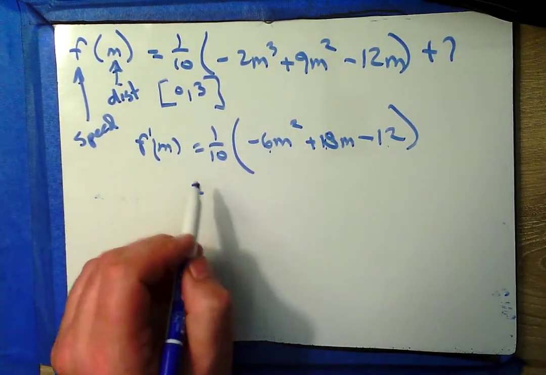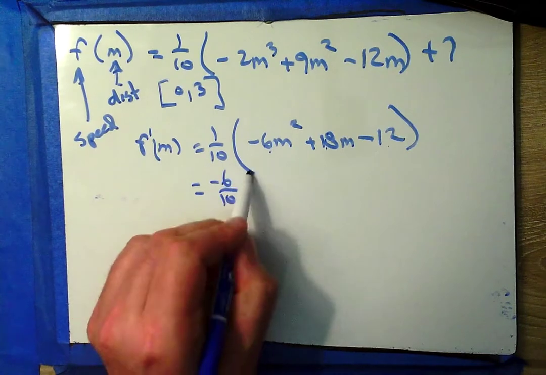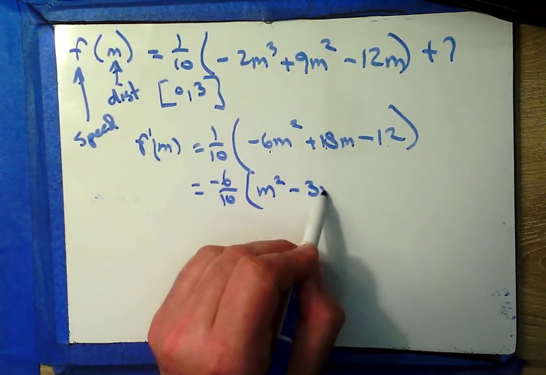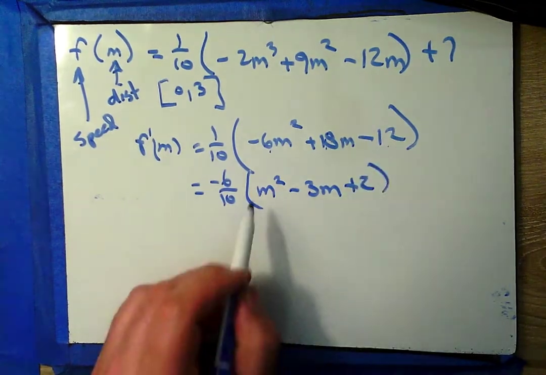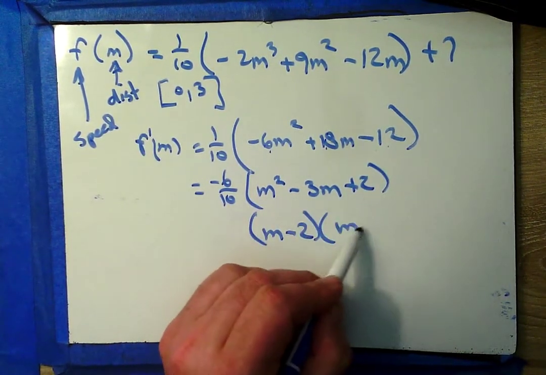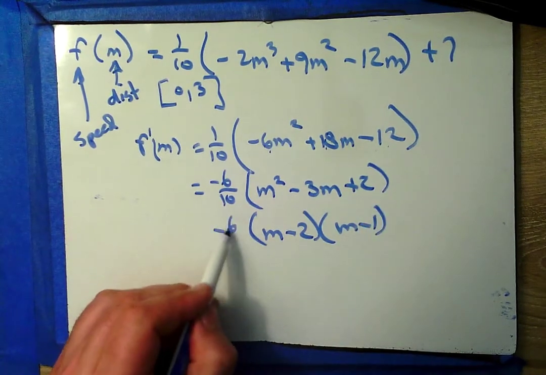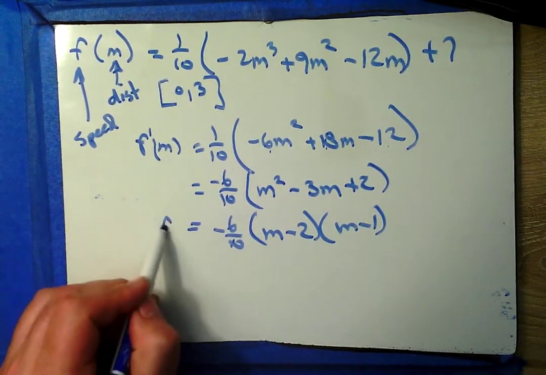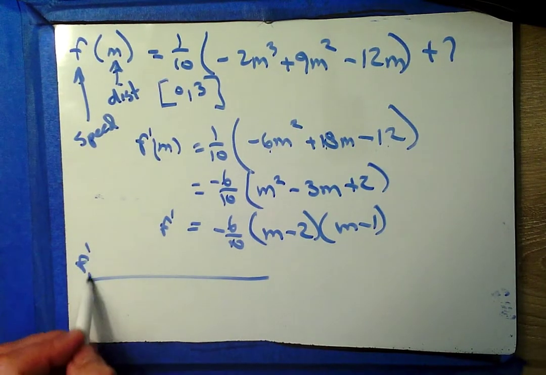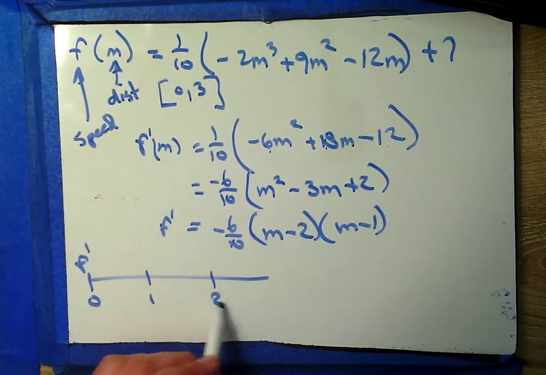In fact, I can take out a negative 6, negative 6/10, and we get m squared minus 3m plus 2. This factors as m minus 2, m minus 1 times negative 6/10. There's f prime. We can make an f prime sign chart and put 1 and 2 on it.